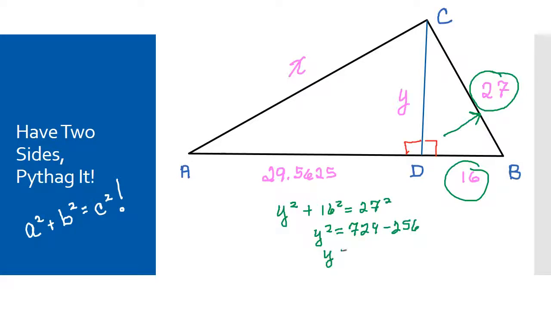And so square rooting both sides, hold on here, 729 minus 256 is 473. The square root of 473 is 21.7.